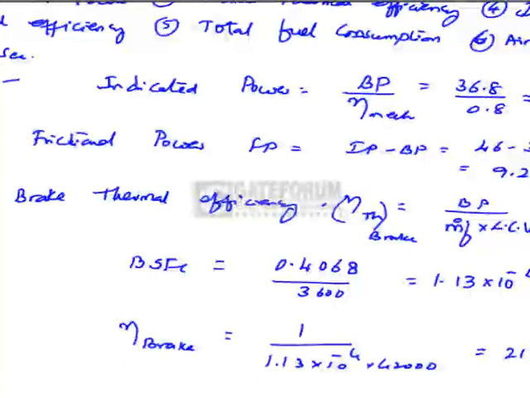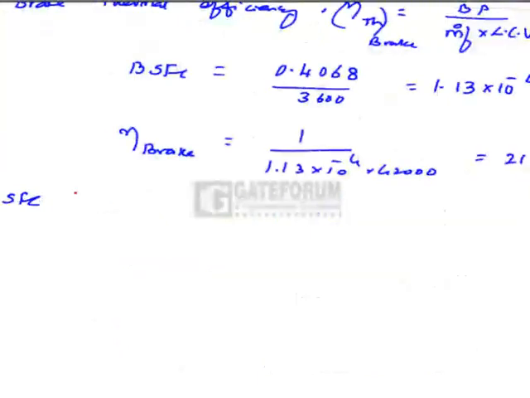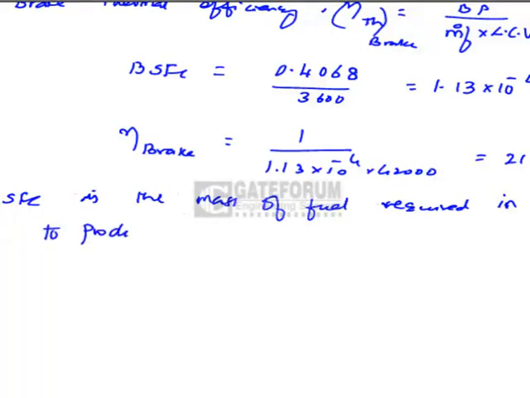There is an important formula that could be used many a time here, that is BSFC is the mass of fuel required in kg to produce 1 kilowatt hour of brake work.